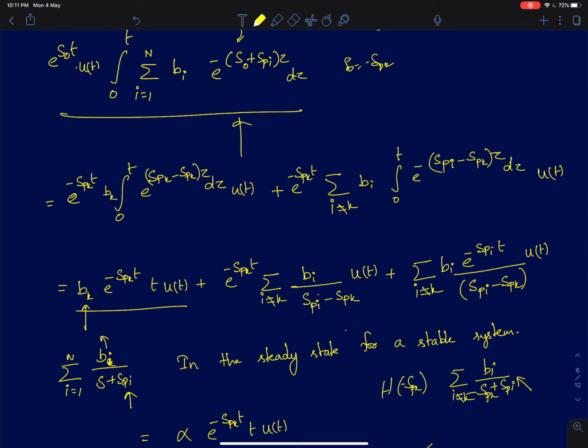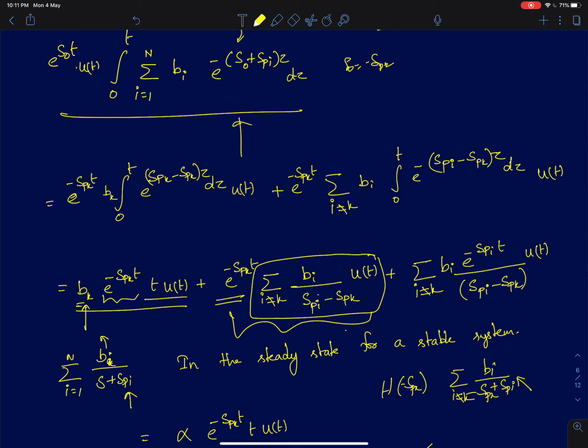So you will get this term, which is your input, e to the power minus s_pk t, multiplied by B_k into t into u(t), and then you will get a set of terms. This term is nothing but your input e to the power minus s_pk t multiplied by this expression, summed over B_i by s_pi minus s_pk, into u(t).